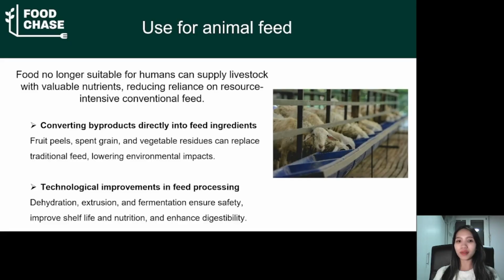There are also technological improvements in feed processing. For example, the process like dehydration or drying, extrusion, and fermentation can improve the safety, shelf life, and nutrition, and enhance digestibility.